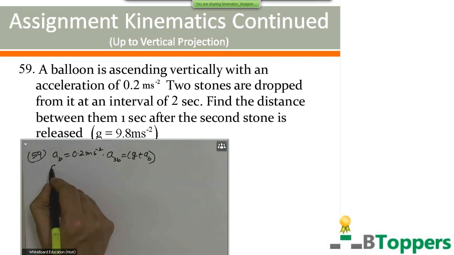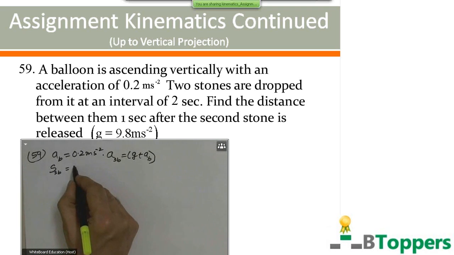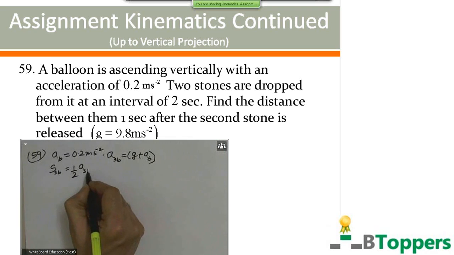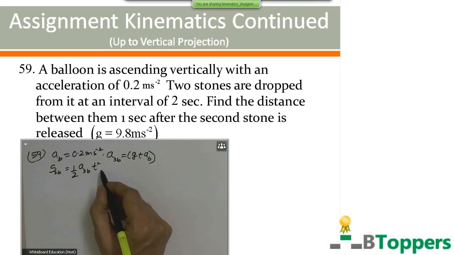The distance of the stone from the balloon, that means the displacement of the stone relative to the balloon, is equal to half into the magnitude of acceleration of the stone with respect to the balloon into t squared. This is because the initial velocity of the stone with respect to the balloon is 0, because the stone was initially moving along with the balloon with the same velocity as that of the balloon.